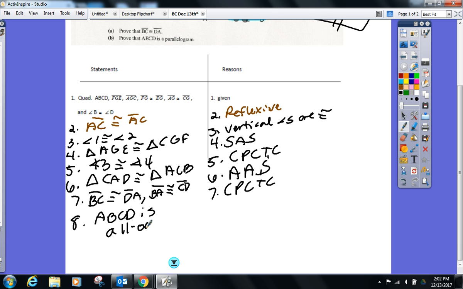Reason? Both opposite sides congruent. If you wanted to do the parallel way, that's fine. Just say one pair of opposite sides are parallel and congruent.